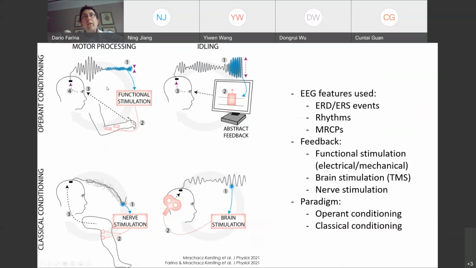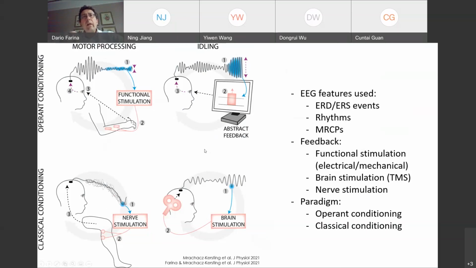In the vertical classification of this grid, you can also see BCI paradigms that are based on motor processing, meaning BCI paradigms where the cortical activity is modulated in association to movement, to imagined movement, or not related to a motor process, so in idle state.